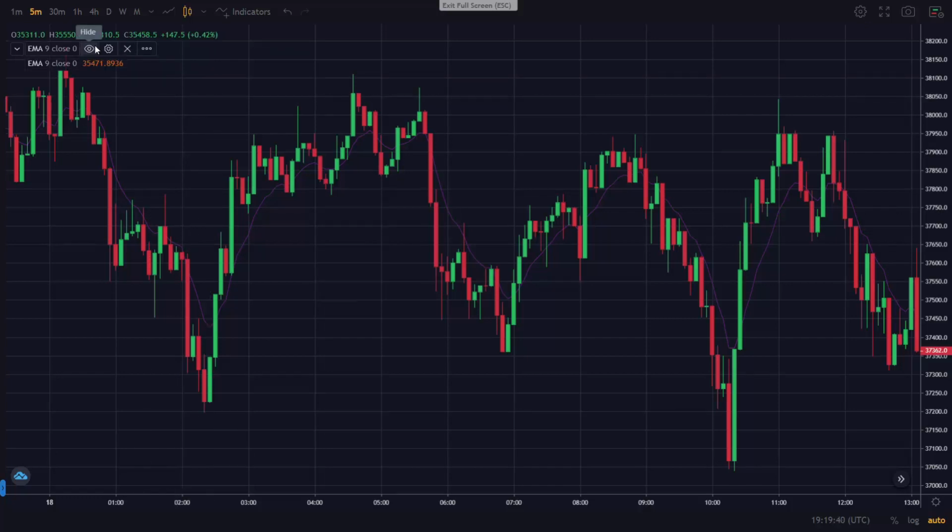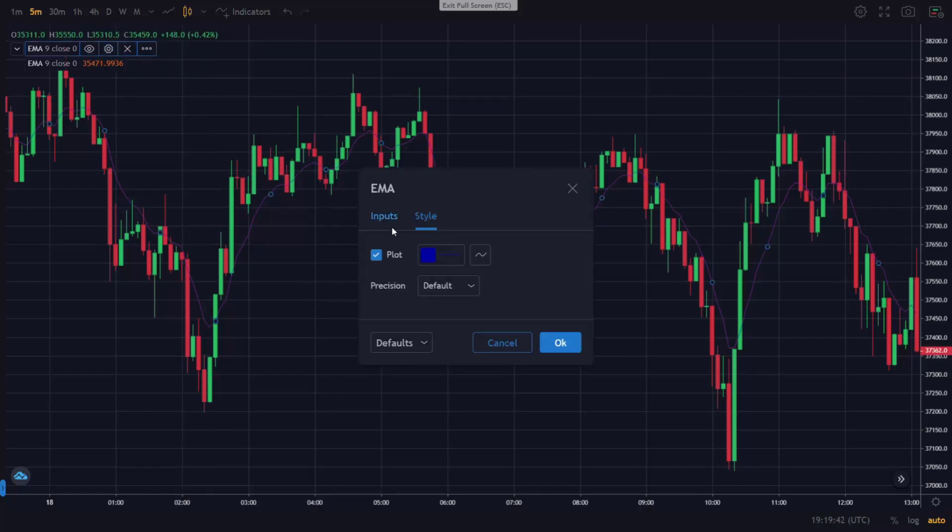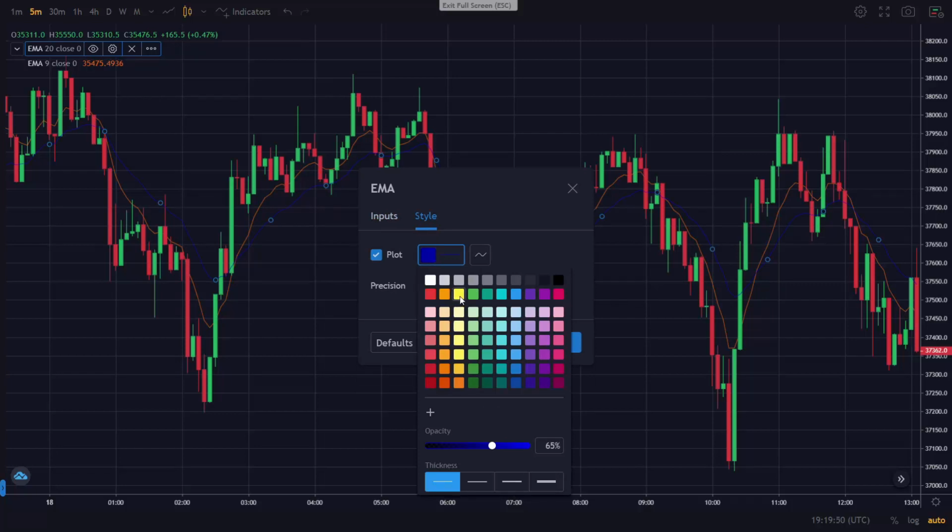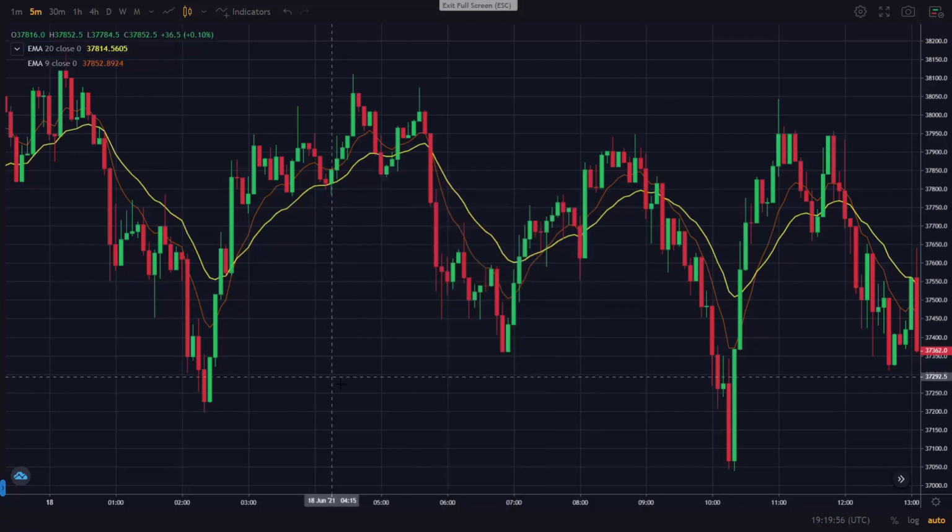So for the first EMA, we are going to change the length to 20. Then we'll make it yellow, full opacity, and make it a bit thicker. So we have the 20 period EMA here, this yellow line.